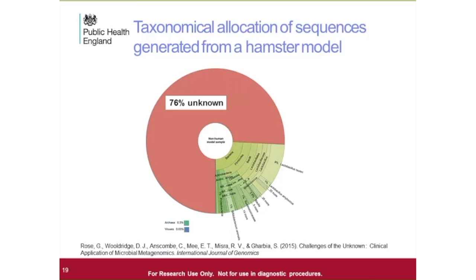But also, it is important, when we compare sequences, to compare them against the same data set. These are sequences that have been released from using the hamster model from the fecal sample. And when we compare those against the human reference metagenome data, 76% are unknown species. And we cannot assign them to any taxonomical group, not even at the genera or the family level.